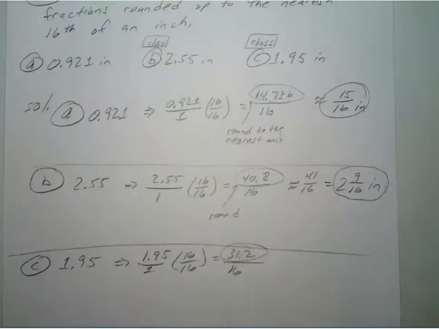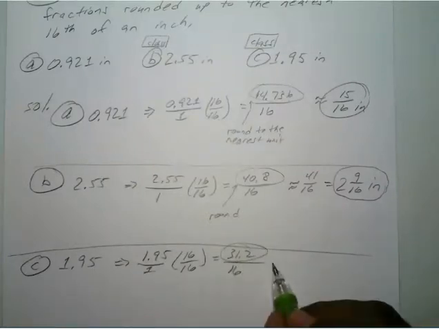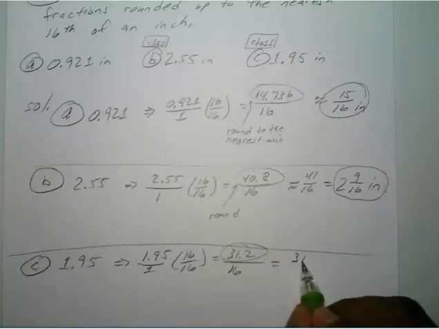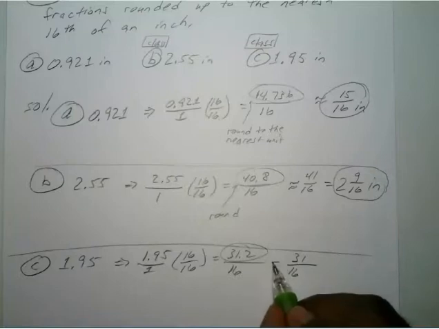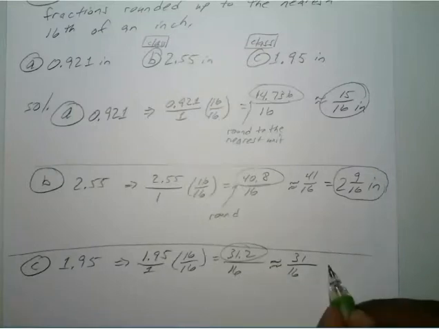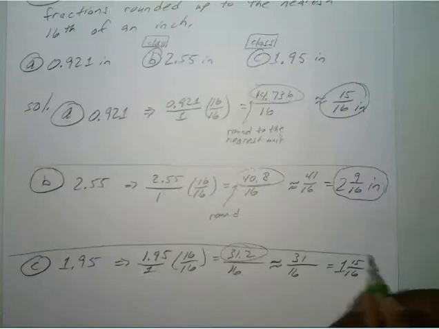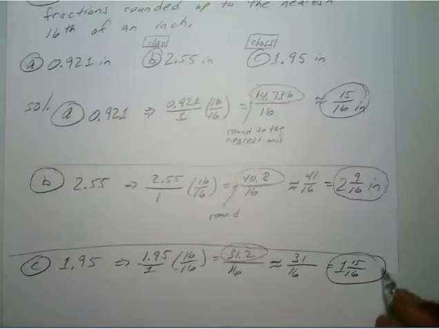Again, we round our numerator to the nearest whole number. So 31.2 rounded is 31 over 16. This is approximately, so that's going to equal 1 15/16 of an inch.